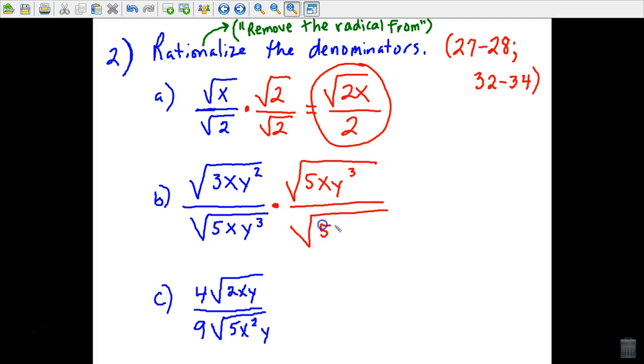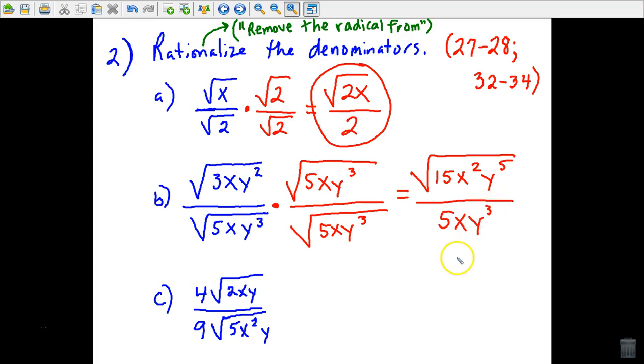So the top and the bottom of this fraction will be multiplied by square root of 5xy cubed, and the result, the numerator, is going to be the square root of 15x squared y to the fifth, and then the denominator, once again, remember, any radical times itself should just equal the radicand, the expression underneath the radical.